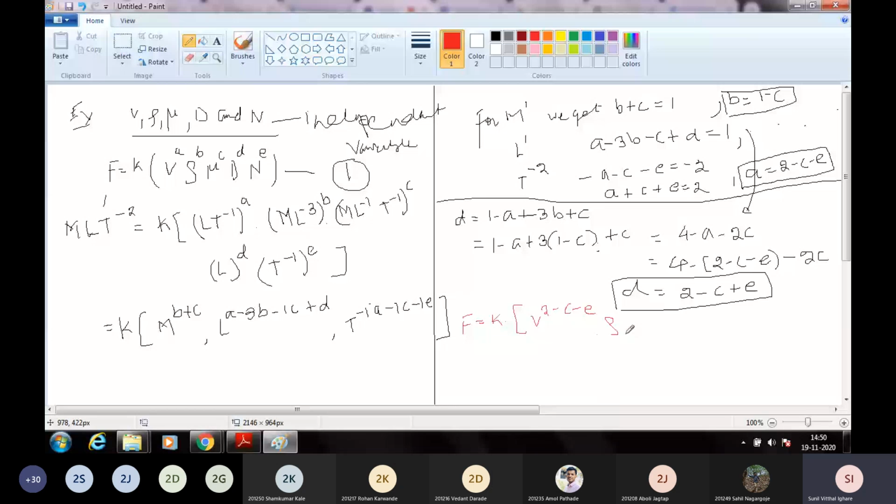That is 1 minus C. Then mu raised to C. So C is already C. Then D raised to D. That is 2 minus C plus E. Okay. Then N raised to E. So E is as it is because we are writing in terms of C and E.